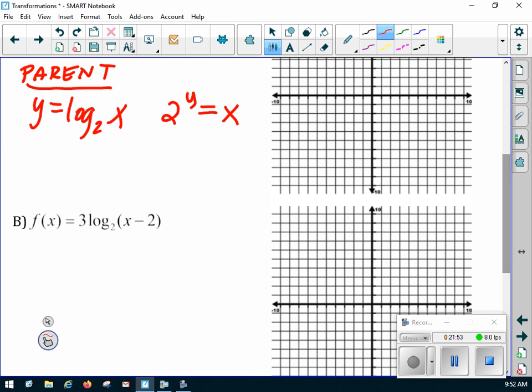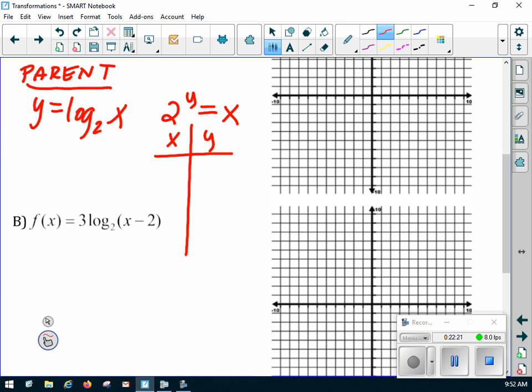Now, if you'll notice here, what do you see in the exponent? The y value. So, this is the other way to graph a log. If you remember, what we did before was we let x equal -2, -1, 0, 1, and 2, but that was because the x was the exponent.